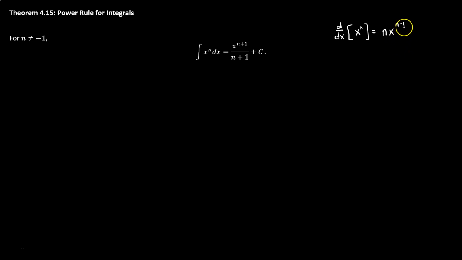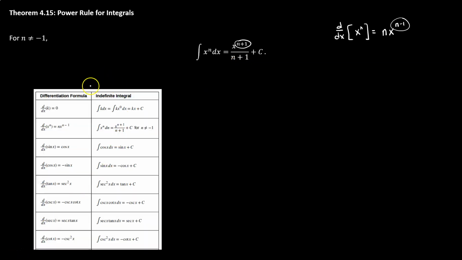We're going to do the exact opposite for integration. Instead of n minus 1, we'll do n plus 1. Instead of multiplying, we will be dividing. And instead of multiplying by n, we're actually dividing by n plus 1 so that we can undo the operation of differentiation. There are other rules that we can use, shortcuts.